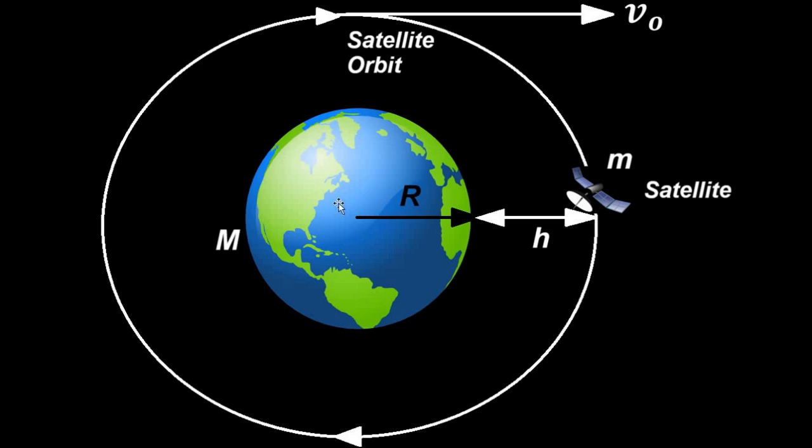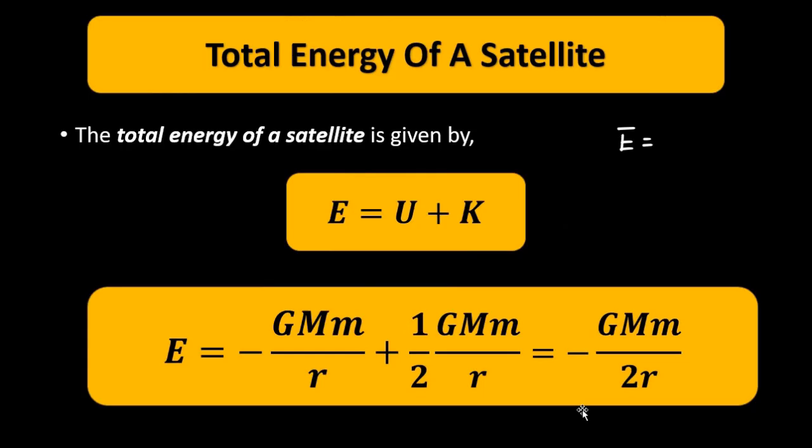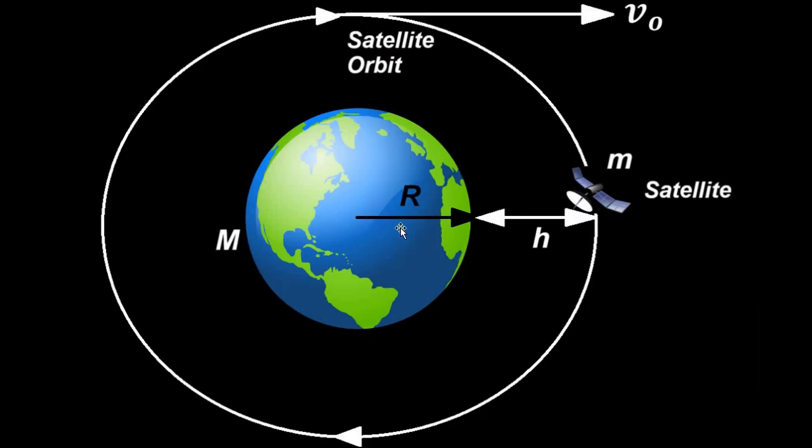This energy, which is negative in sign, indicates that work is done by the gravitational force of Earth. Force is exerted by the gravitational pull to keep the satellite in a fixed circular path. Work is done by the gravitational force.